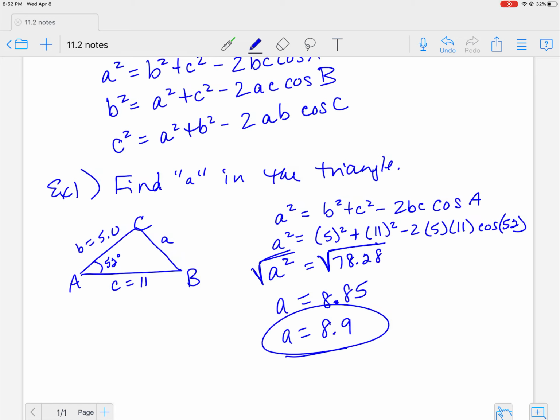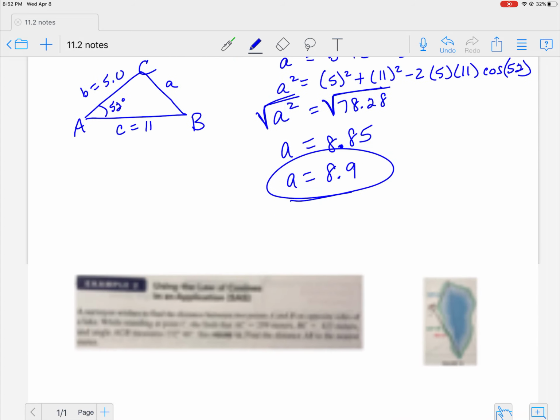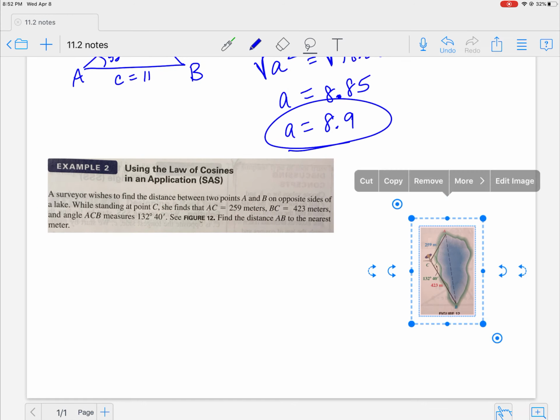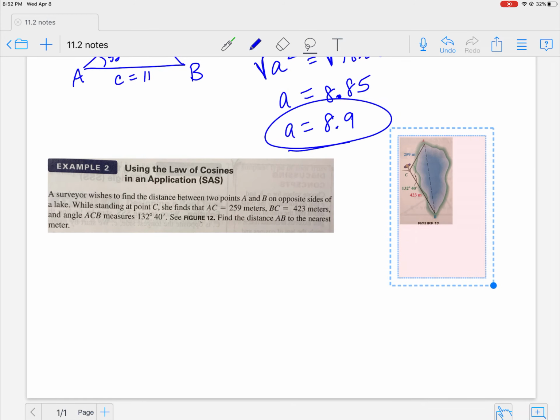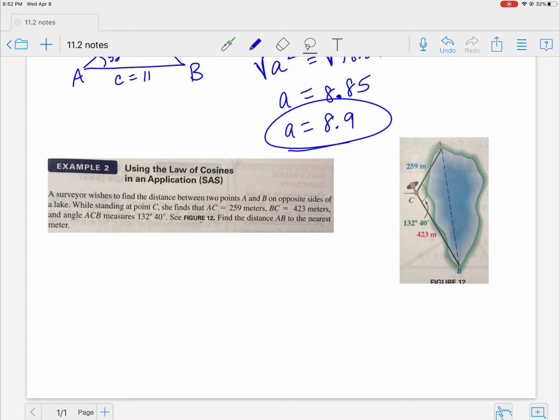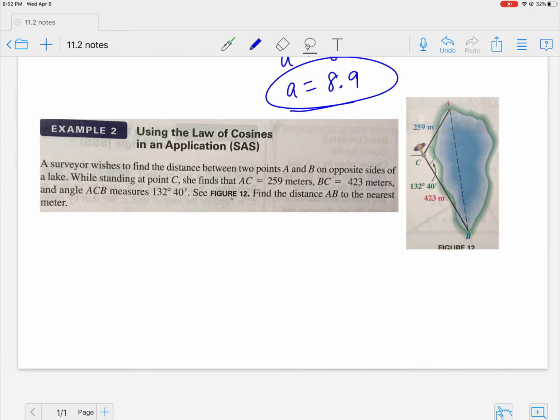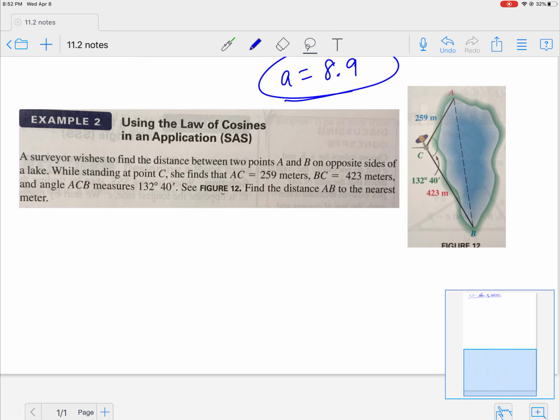A is 8.9. There was no units on it, so that's it. A is 8.9. If you don't have anything to match up, you are simply going to be using cosine, and you just solve for the other one. All right?